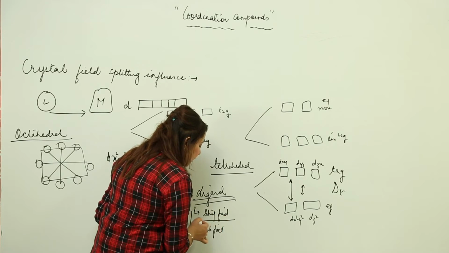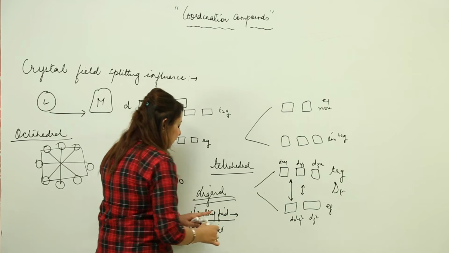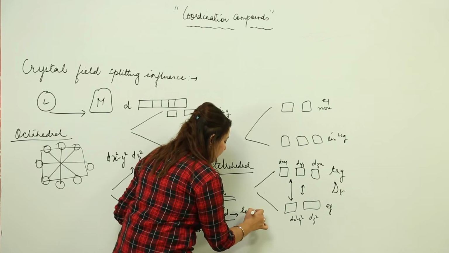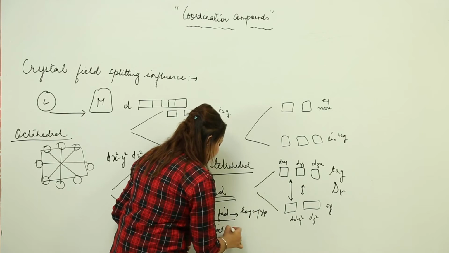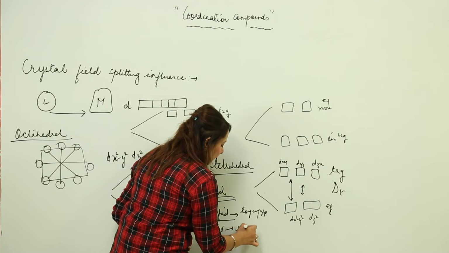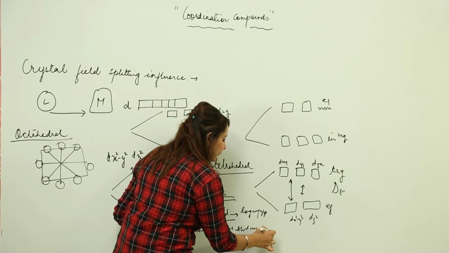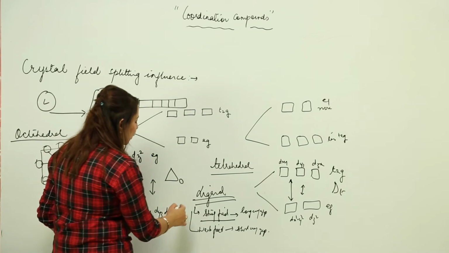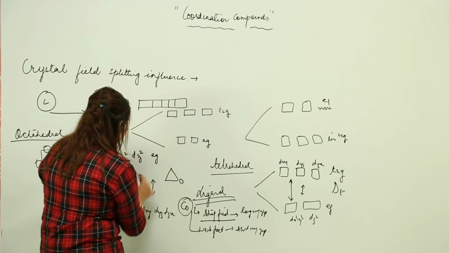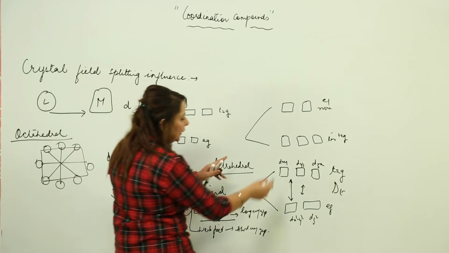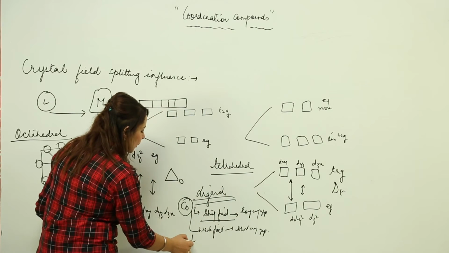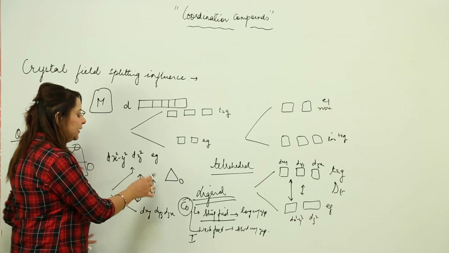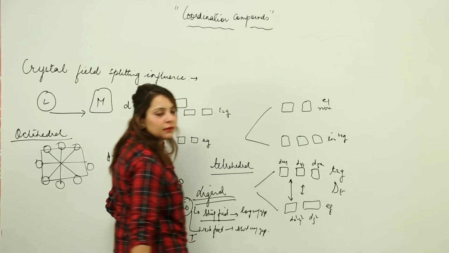A strong field ligand creates a lot of energy difference, that means a long energy gap, and a weak ligand will create a short, small energy gap. Like if I take the example of CO, CO is going to create a lot of energy difference whether it is octahedral or tetrahedral, and iodine is going to create a smaller gap whether it is octahedral or tetrahedral.